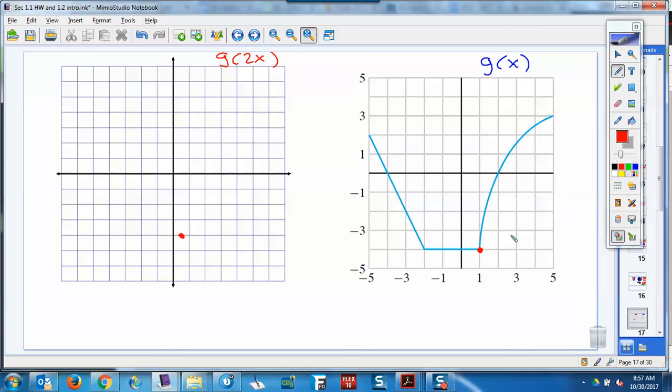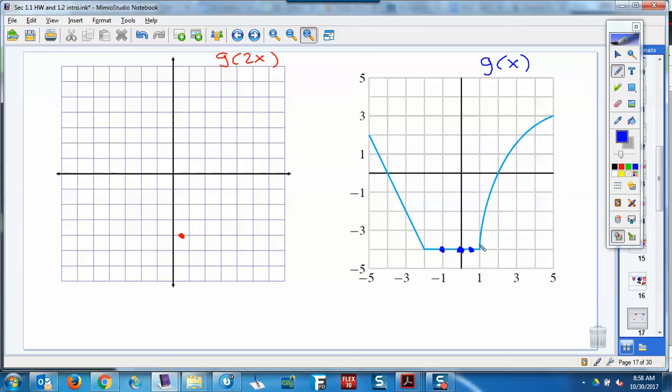Okay, I'm going to cheat and actually do mine on here. So that point is going to move into here. If you want to draw this graph 8 times and then do the one, that's not a bad idea either. What about this point on the y-axis? It's the same, right? Because we compress towards the y-axis. This point out here at 2 is going to be in at 1.